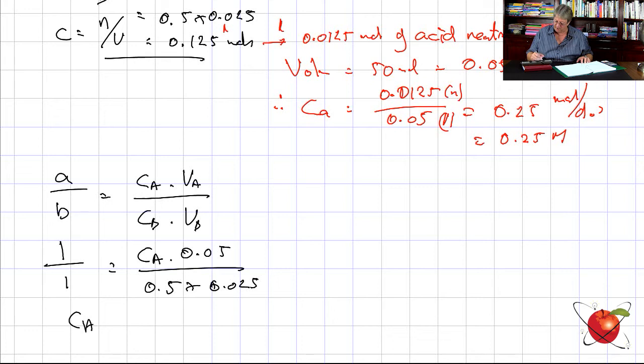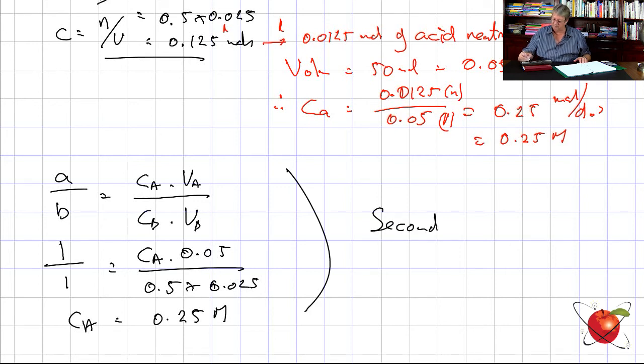Therefore, I would have worked out that Ca was 0.25 M. This is the second method, using the formula. The first one uses the actual mole ratios.